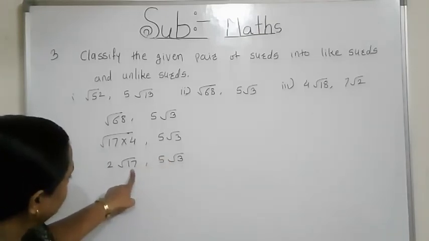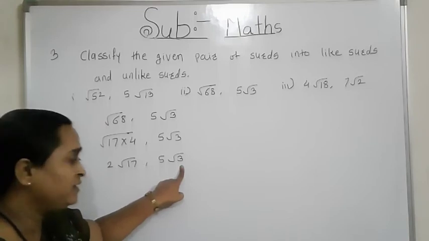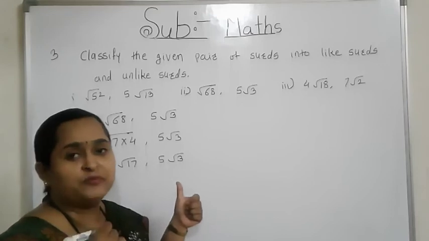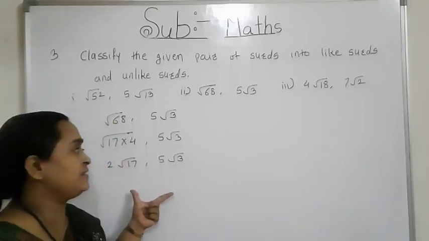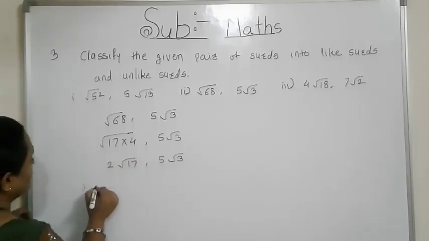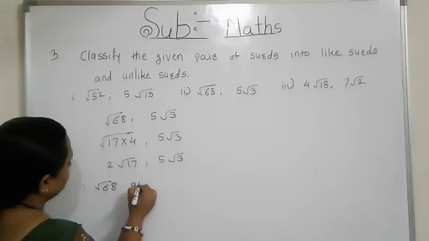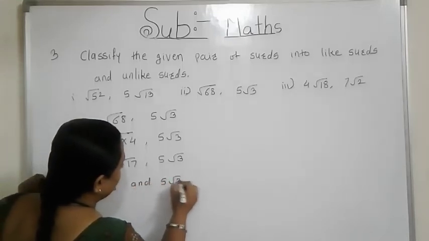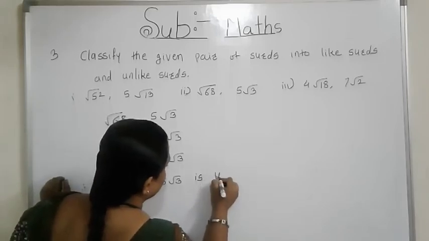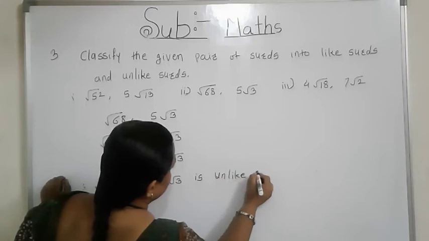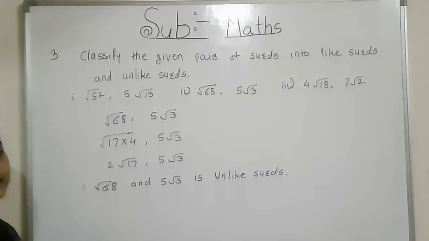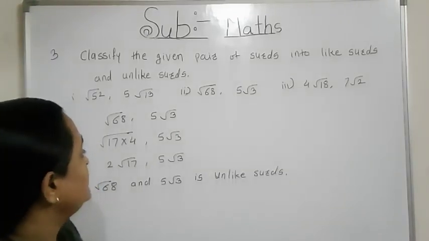Here radicand is 17 and here radicand is 3. One is 17, the second is 3, means two different radicands are there. Therefore this is an unlike pair. Therefore root 68 and 5 root 3 are unlike surds.